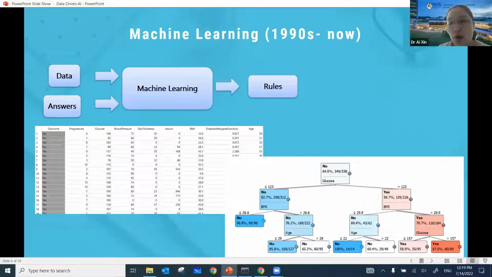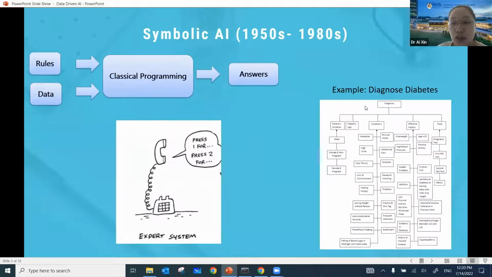Most of the time, you don't know how the model is making decisions. Decision tree model is actually a very transparent model. But the advantage is also very obvious. Nowadays, the machine learning model can make predictions very accurately, compared to the traditional rule-based system.